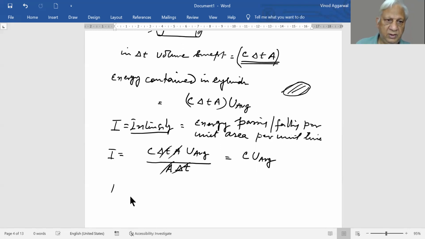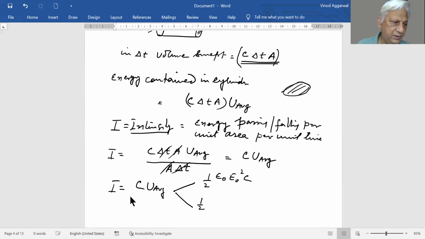So intensity, which was c U average, can either be written in terms of electrical field, or you can write it in terms of magnetic field energy. Both are equivalent.